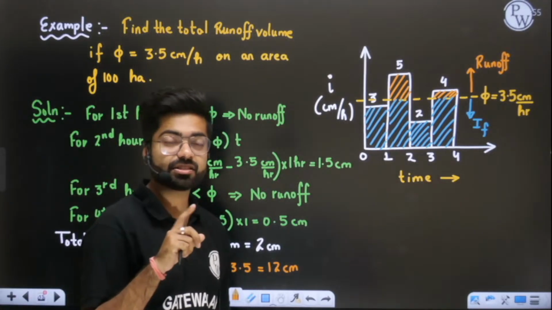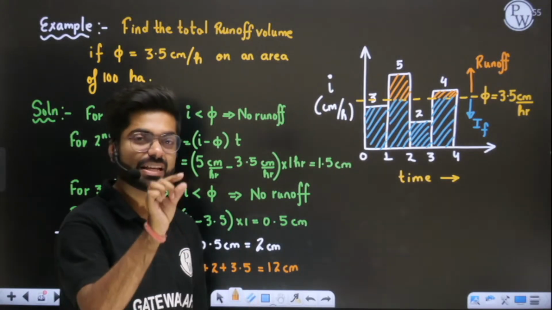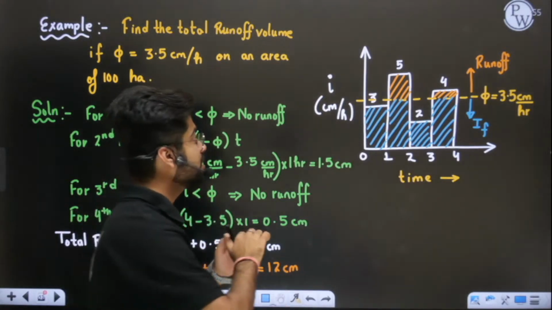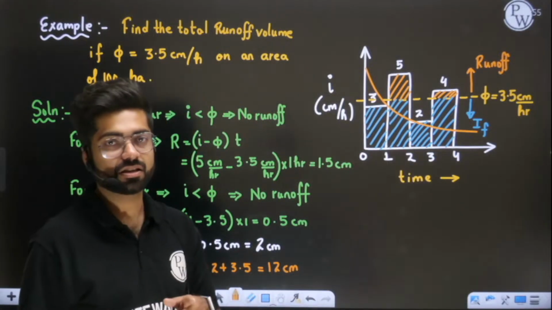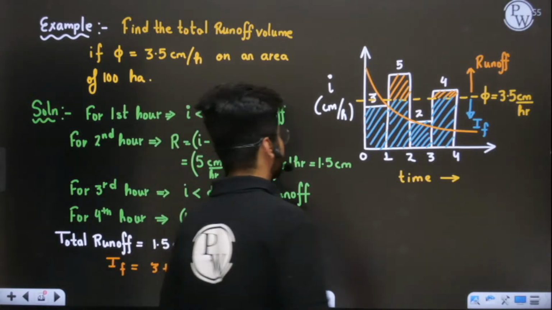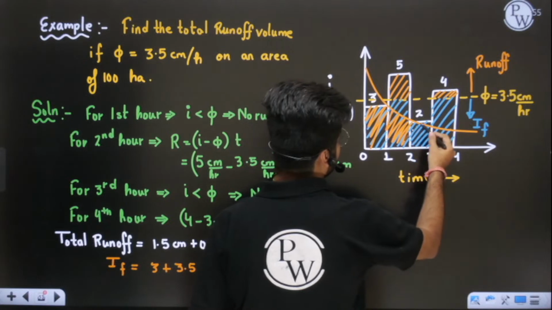See, this phi index is a theoretical concept. In actual practice, I told you, infiltration is taking place like this. If you find infiltration using this, then you have to find the area under this graph.